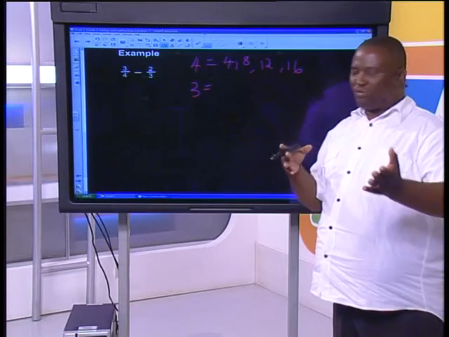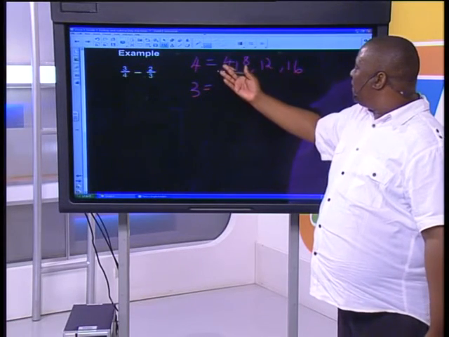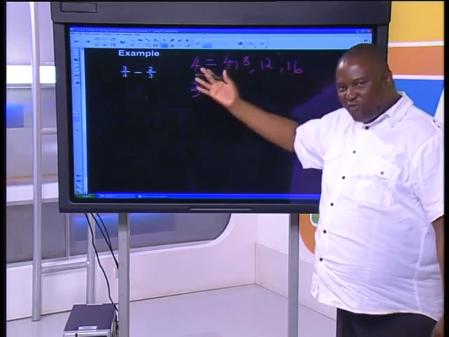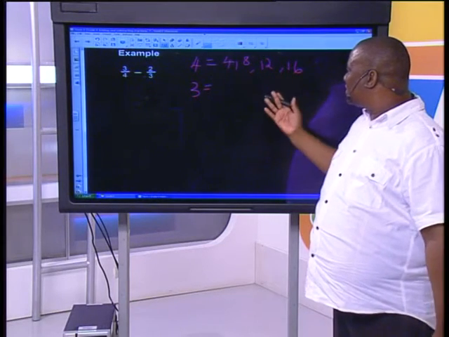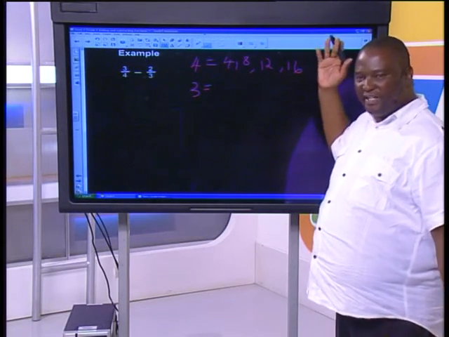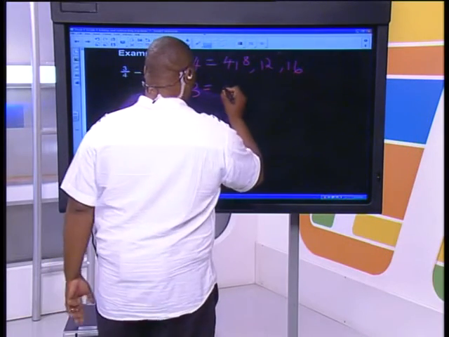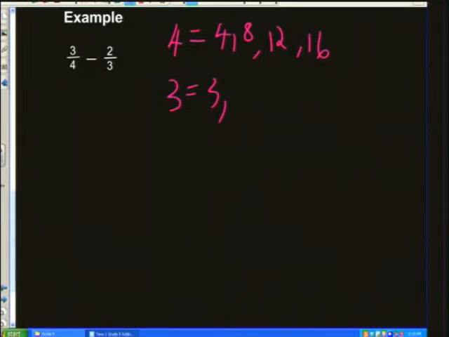To make it easy to work with, follow a particular sequence, and the sequence is ascending order in terms of value. So multiples of 3: 3, 6, 9, 12. Immediately I stop here because I don't want to waste time. I've got 12 as a multiple for 4, and 12 as a multiple for 3. So I'm going to take it as my common multiple for those two numbers.